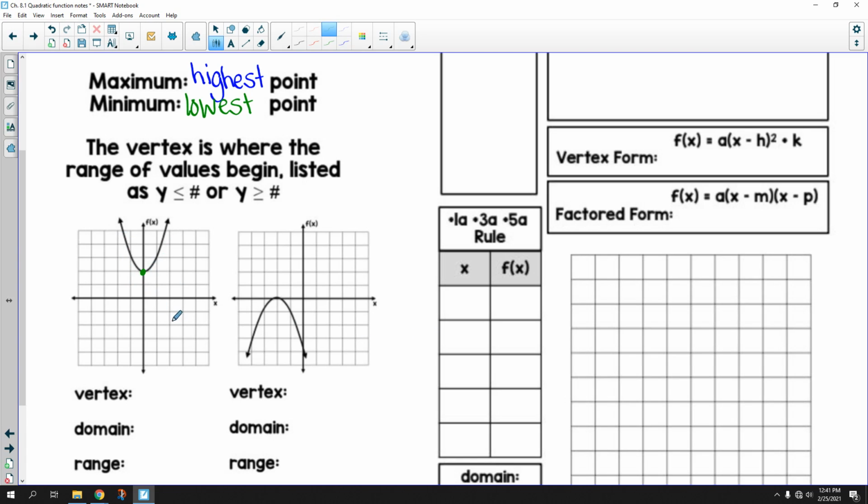That's known as the vertex, or the minimum, because it's the lowest point. So let's find the ordered pair for the vertex. Here we're at 0 and positive 2. So again, this is the minimum.